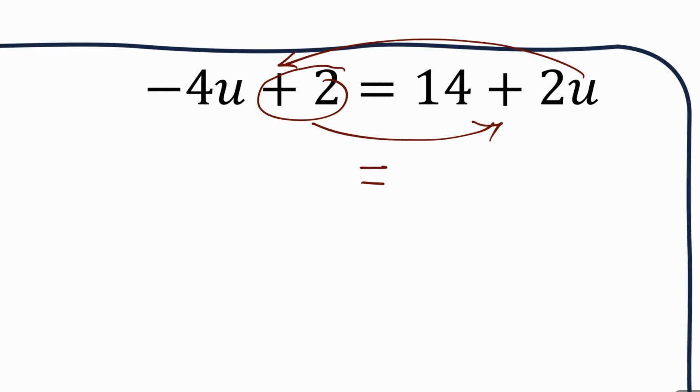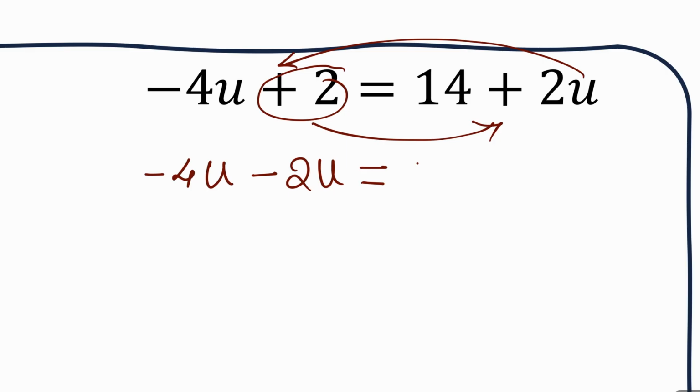So let's write the equation. I have negative 4u already here, so negative 4u. This plus 2u is coming to the left hand side, and remember the sign changes, positive becomes negative. So negative 2u equal, and here you have 14 already there.